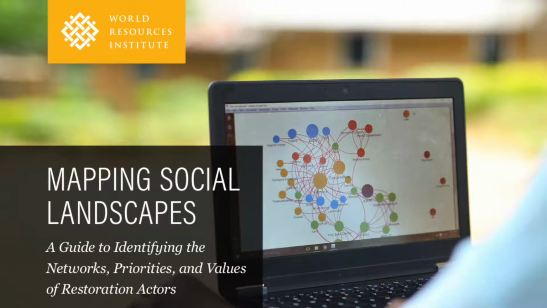Well, I think the social landscape, the most important part is looking at the people within the landscape. Like I said previously, we were traditionally doing opportunity maps, which would look at the biophysical landscape, but really to understand, for example, in Rwanda, how can we implement restoration without understanding where the seeds are coming from? Or how can we start to think about restoration if we don't understand where the funds are coming from?